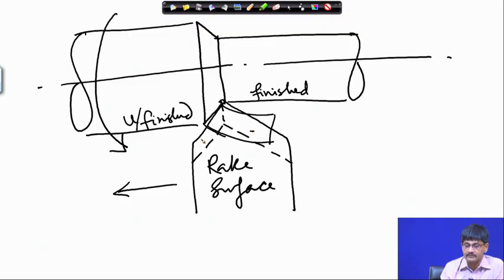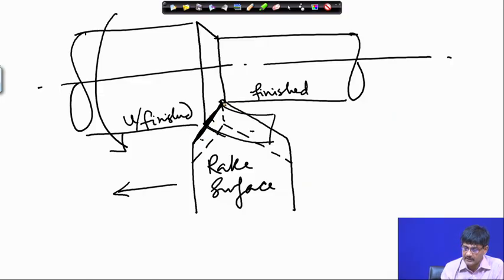And this is the principal flank. This one also we cannot see from the top, but it is facing the unfinished portion of the workpiece. So, this gives us those names, and as you can see, the principal cutting edge is this one. It is in contact with the workpiece and it is the main geometry element responsible for cutting of the metal.